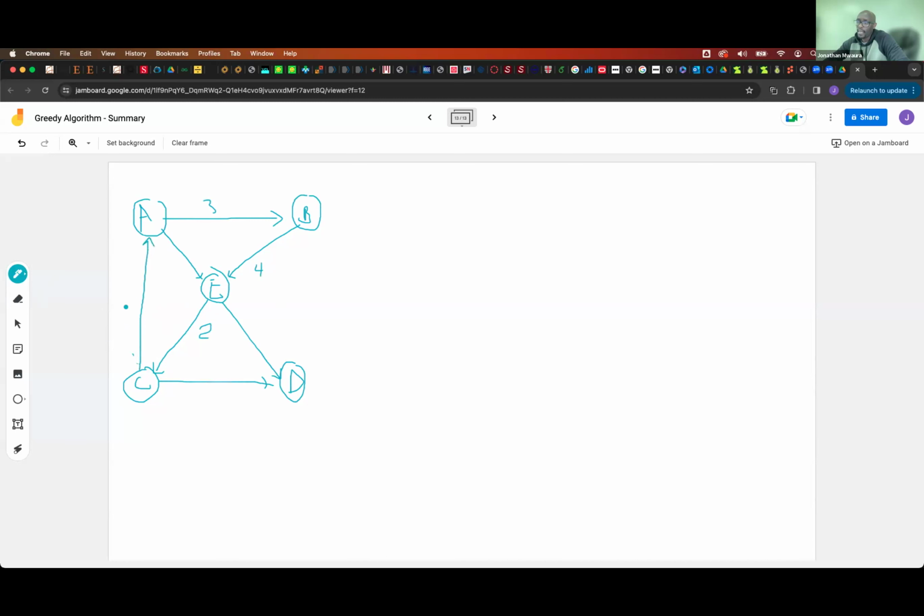This could be something like 10, let's actually make it minus 10. It could be 2, and maybe this could be 3. This could be 6, and so on. So now we have 5 vertices. So, a demonstration again of Bellman-Ford.